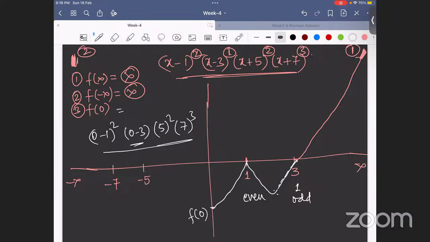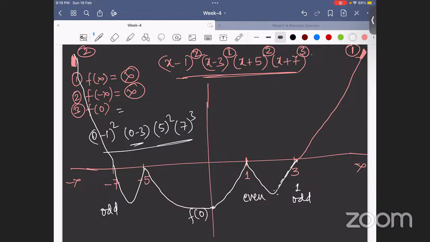Now from here it should go to minus 5, because minus 5 is a root of this equation. At minus 5 it will bounce back. And at x equals minus 7 it will cross, because this is an odd multiplicity, and odd will cut, and it will go to infinity.